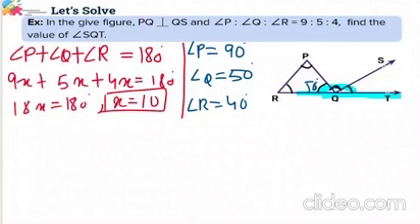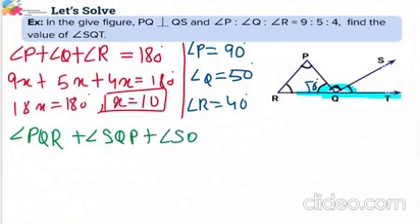So let's see here. What is my next step? Next step is angle PQR plus angle SQP plus angle SQT will be 180 degree. Why? Because they are on a straight line.